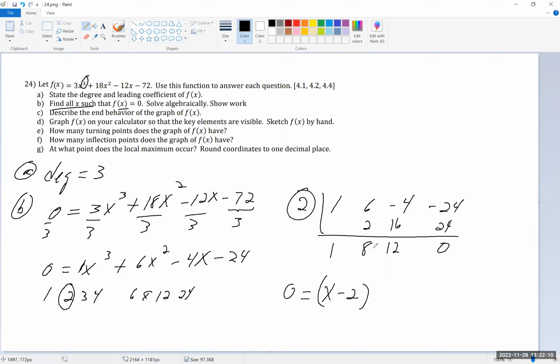And over here, sorry, my pen is acting up. I got x squared plus 8x plus 12.